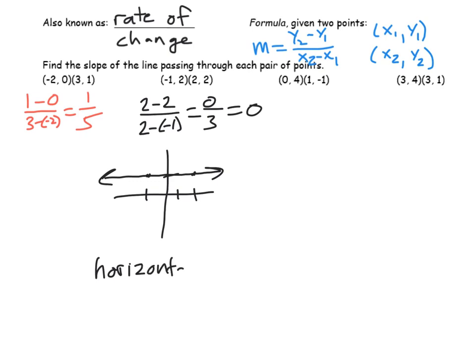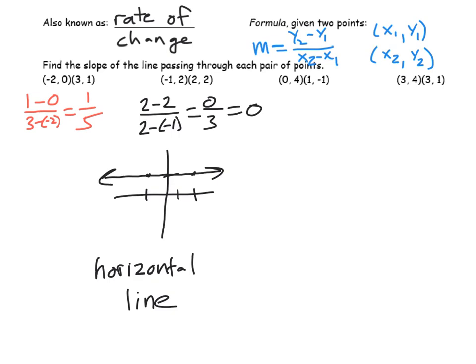And that's what we'd call a horizontal line. If you come across a slope of 0, you know for certain you're dealing with a horizontal line, right? It means it's not increasing, it's not decreasing. Sometimes we call it a constant function. We'll see it again in this lesson.